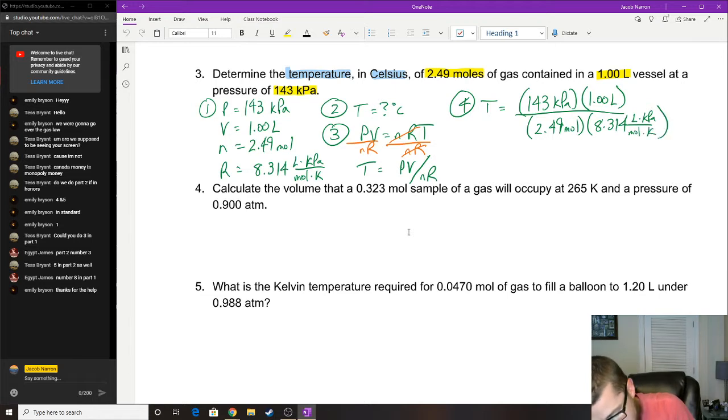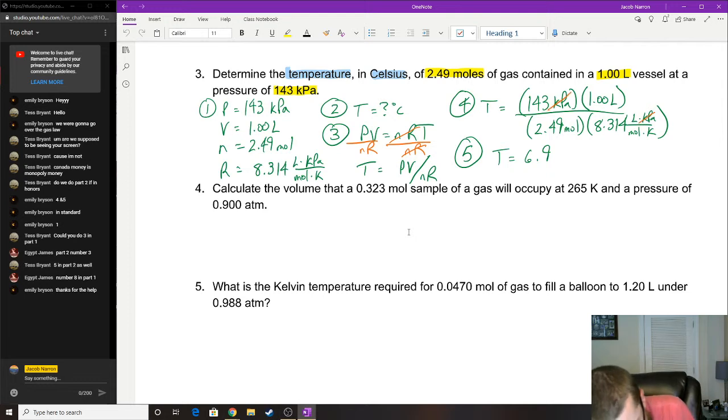Okay. And then step number 5. We got to do all the math. So I'll do 143 times 1, divided by 2.49, divided by 8.314, and I get 6.9. Now, units, once again, guys, take a look. Don't just guess. We had kilopascals.